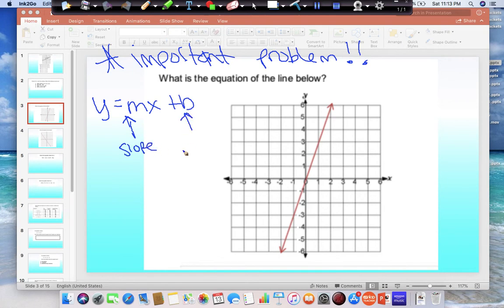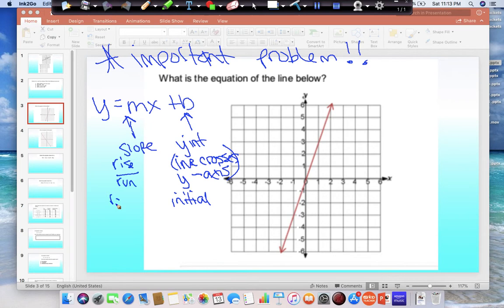Our b stands for our y-intercept. Our y-intercept is where our line crosses the y-axis. Our y-intercept is also our initial value, or where we begin. Our slope is rise over run. It can also be called the rate of change.